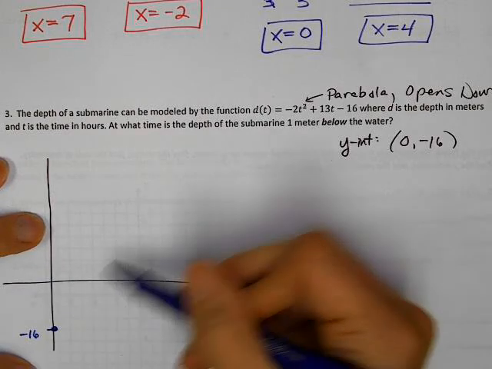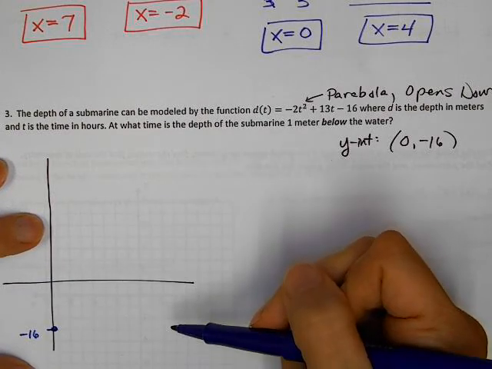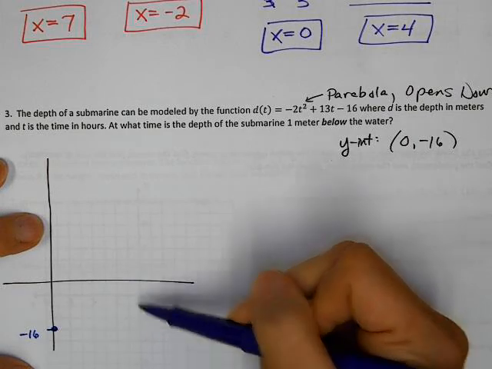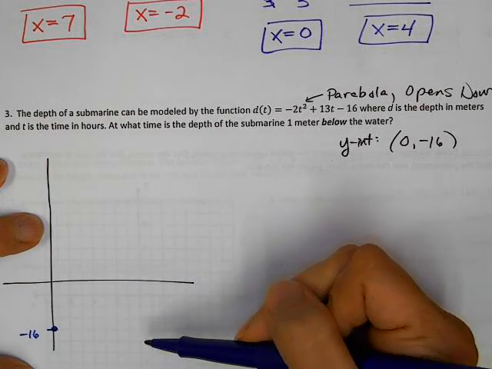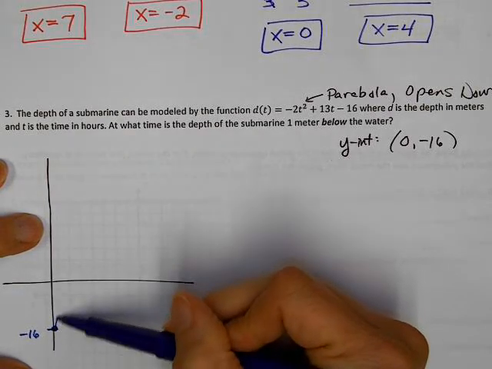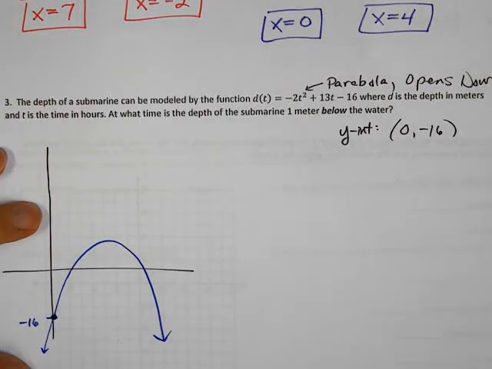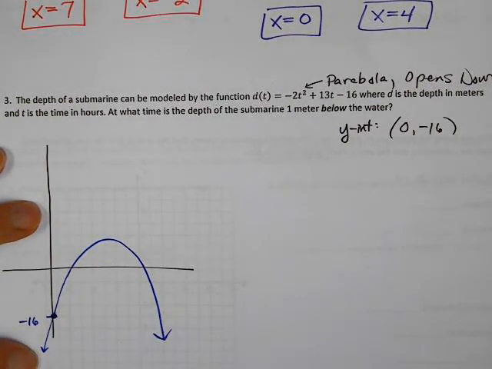I'm not exactly sure how to draw it here. I don't know how high it goes or how low it goes. So maybe I'll just kind of make it up a little. I'm not sure if this is like the perfect picture. I know it's opening down, but that's okay.